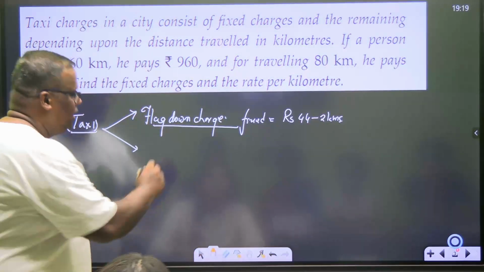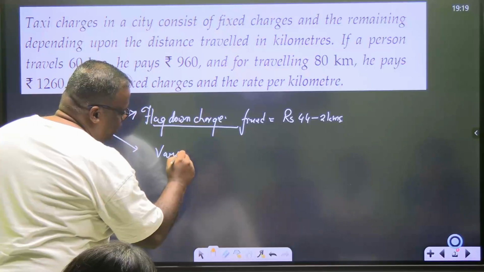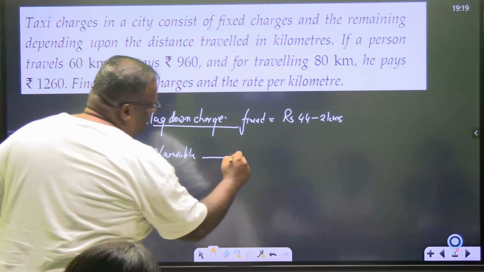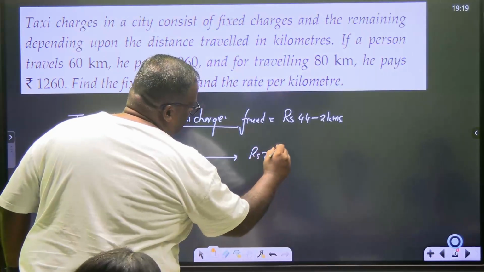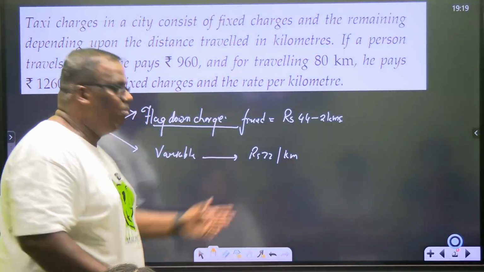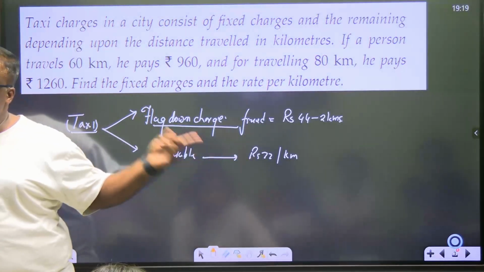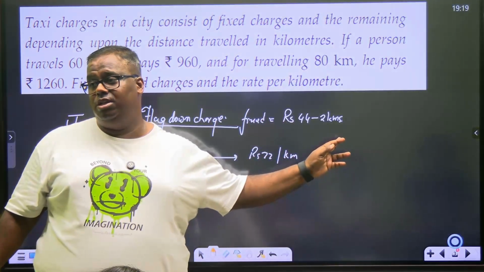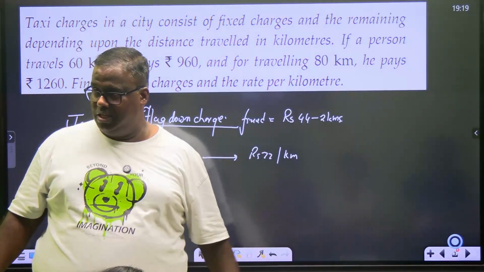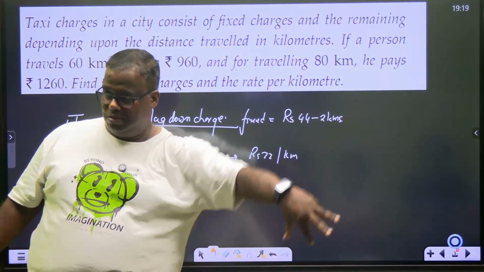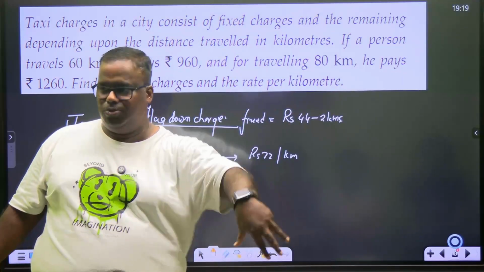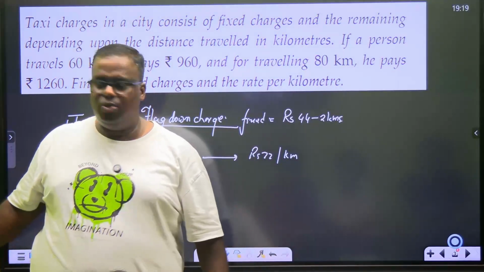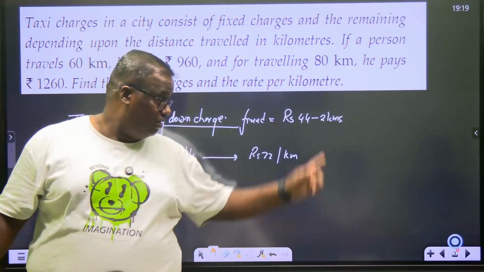After that, you will have a variable charge, something like, say, rupees 22 per kilometer. Now every kilometer, it will keep doing kick, kick, and the meter will increase. Have you understood? Flag down charges legally mean that if you have sat in the taxi and the driver has put the flag down for hire, and you say, no, I don't like your face, you still have to pay this legally.